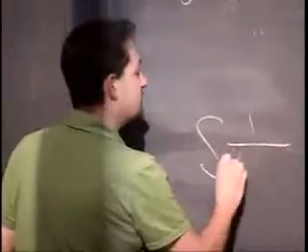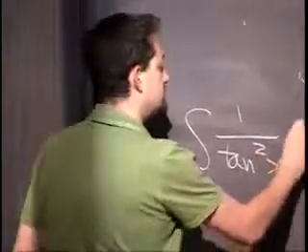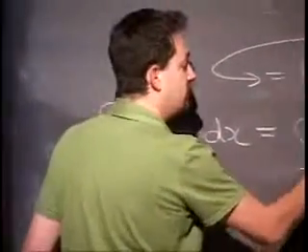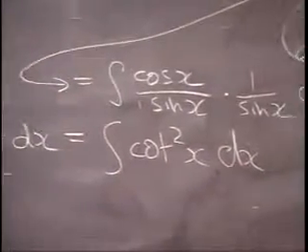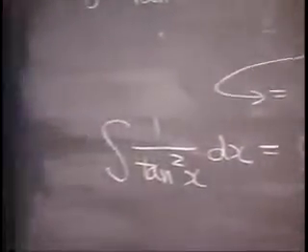Actually, the other piece that we still have to do is 1 over tan squared x, which I'm going to write as cotangent squared x. And this is another standard integral. Anyone remember that integral? What's a function whose derivative is cotangent squared?